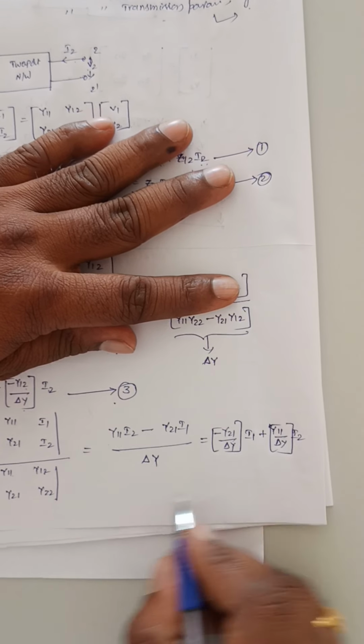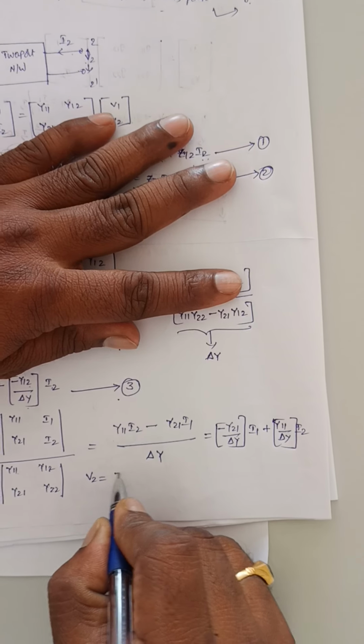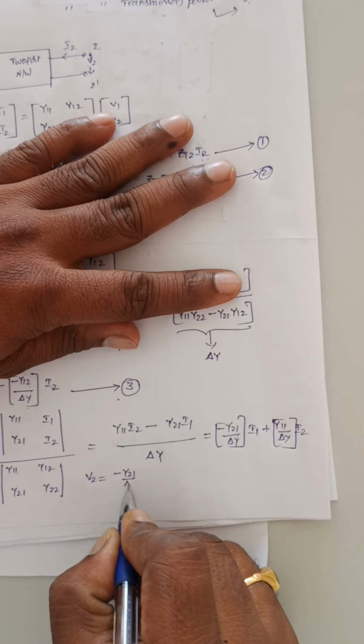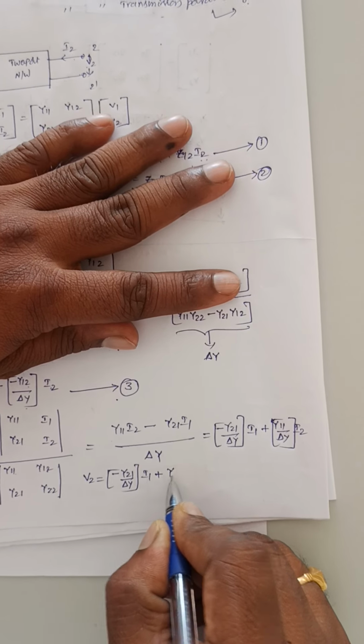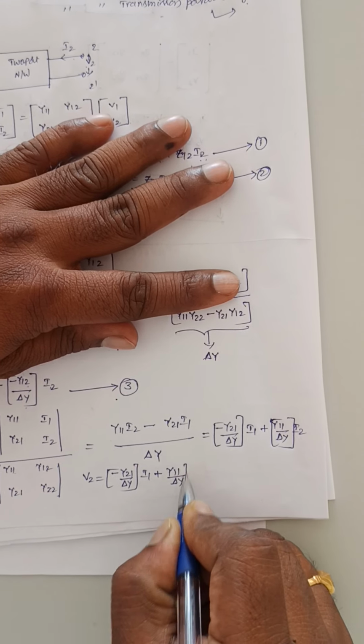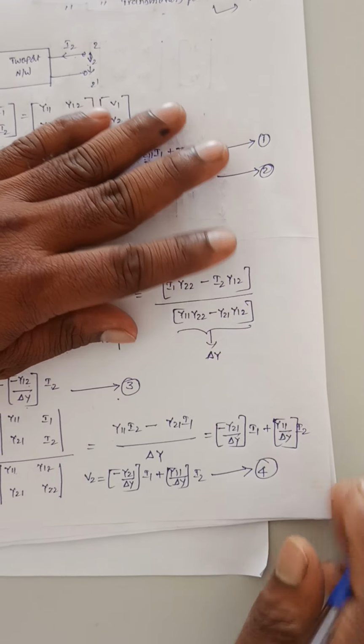Is it okay? So this V2 is equal to minus y21 divided by delta y into I1 plus y11 divided by delta y into I2. Let us assume it is equation number 4.